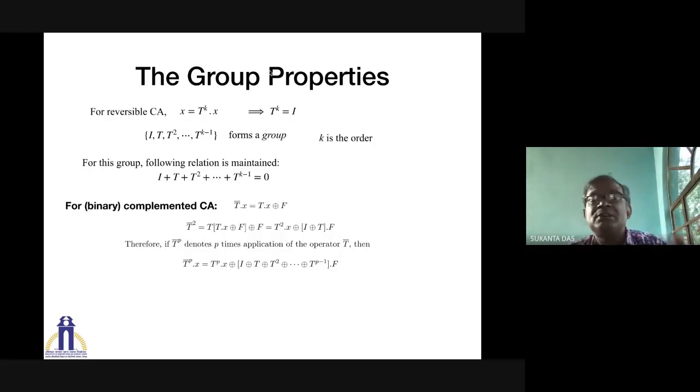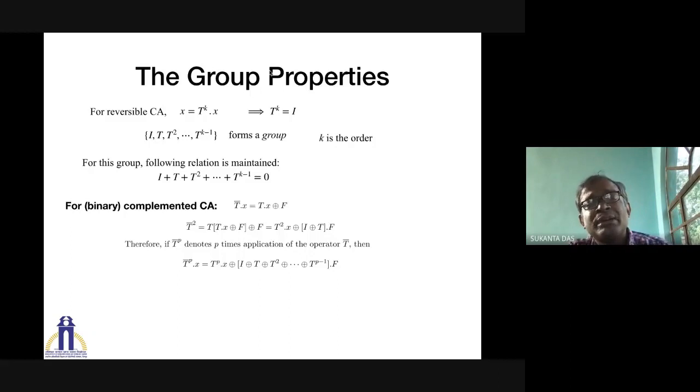What I have discussed before applies to all linear CAs, binary, non-binary, etc. But now we are concentrating on only binary CAs, because complementary CAs have been defined only for binary cases. So instead of writing plus, sometimes we'll use the XOR symbol. XOR symbol means modulo 2 addition.